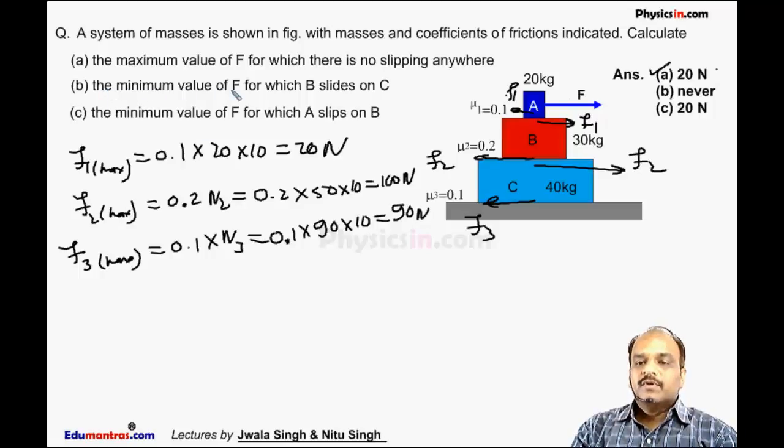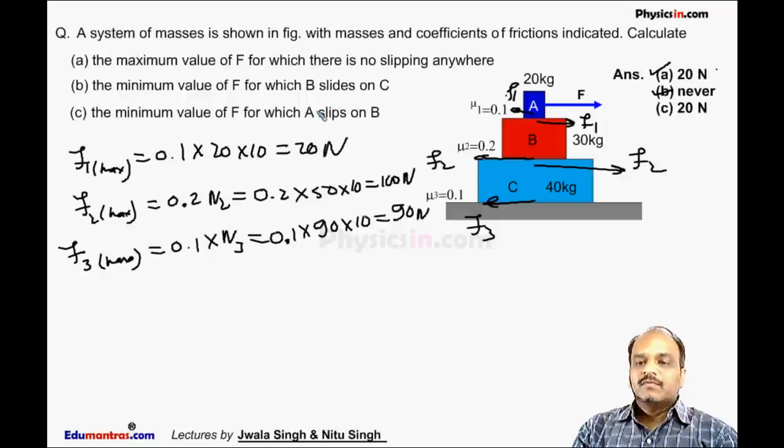The minimum value of F for which B and C slide, if we are pulling block A: the maximum friction force between A and B is only 20 Newton, but to move blocks B and C we need 100 Newton of force. So it is not possible to move block B or C by pulling block A. B or C will never slide.